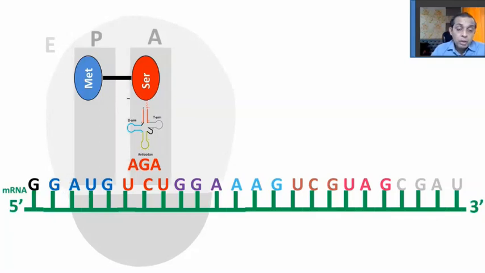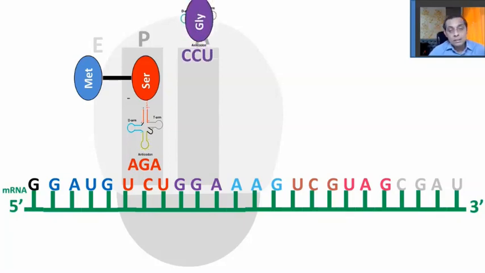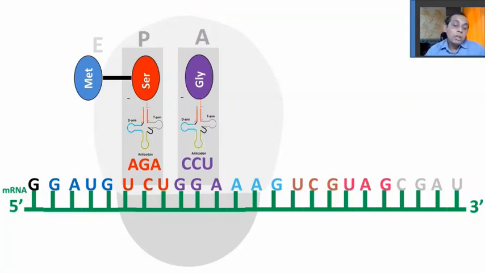Now in elongation, you see the ribosome is shifting ahead and at the next A site, a new amino acid will enter for the GGA codon, and it is also going to carry a specific amino acid. A specific amino acid, glycine, with the anticodon CCU, is on the A site.